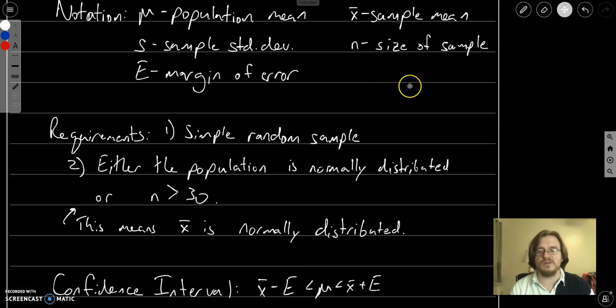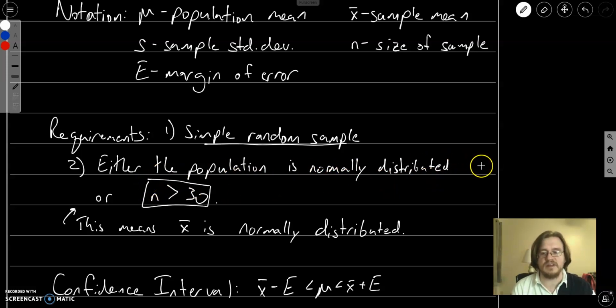So when can we use the statistics that I'll be talking about? Well, first of all, our sample has to be a simple random sample. We can't go out and collect a sample that's not very random because we're not going to get a very representative sample mean. And due to the fact that we'll be using normal distributions, we will need the population to either be normally distributed to begin with, or for the sample itself, we need to take a sample of at least 30.